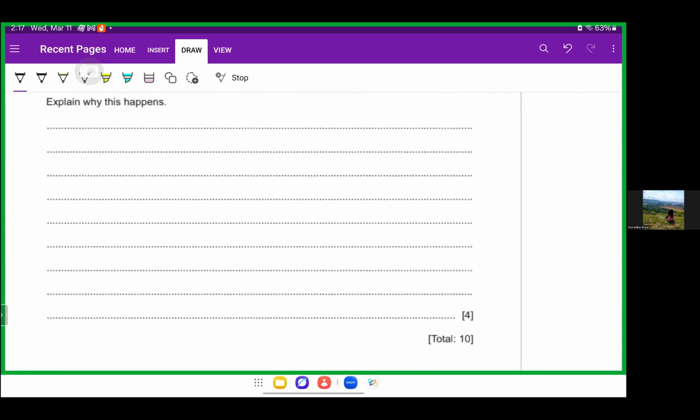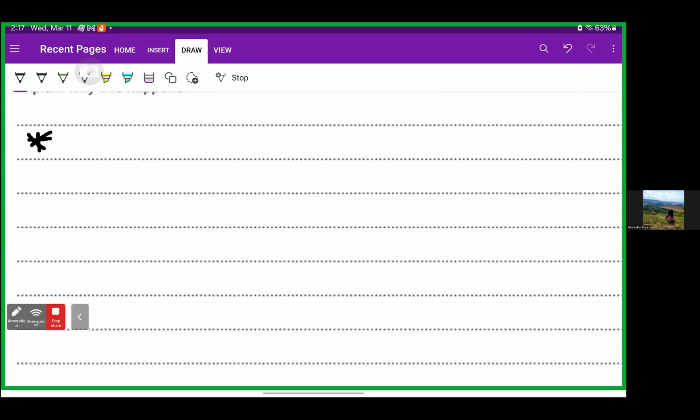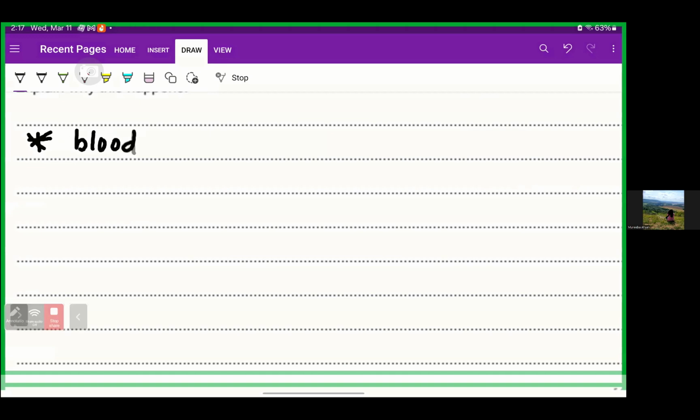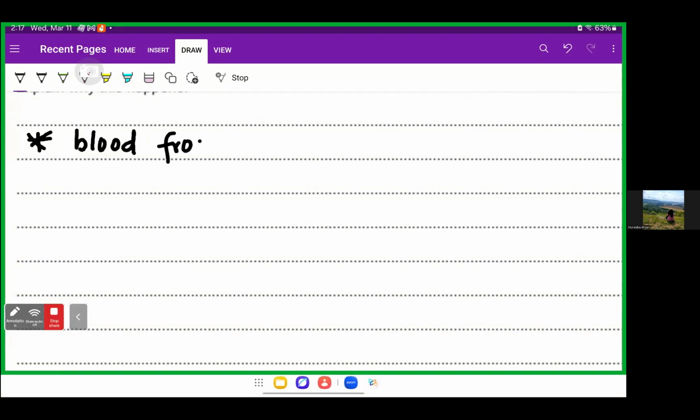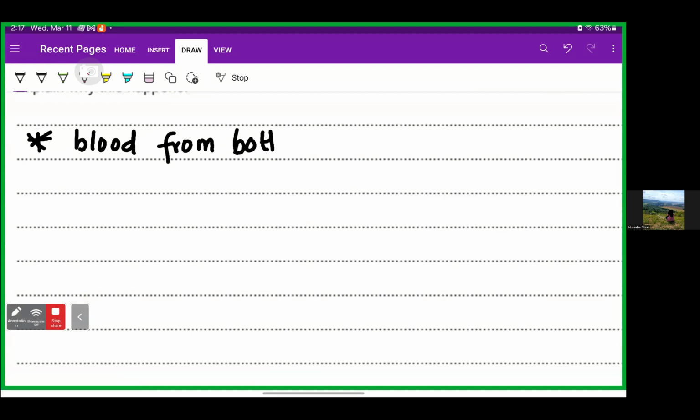So, what will happen when there is a hole in the heart? Blood from right and left sides, from both sides, mix.